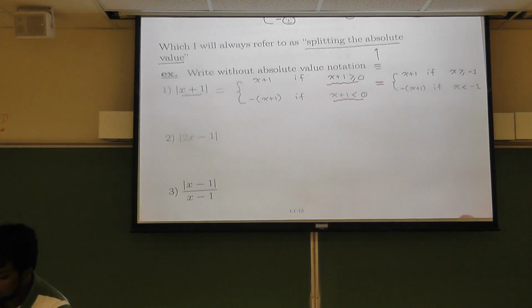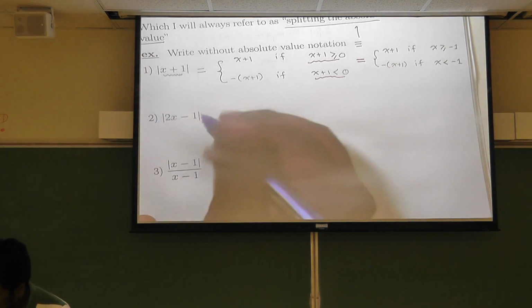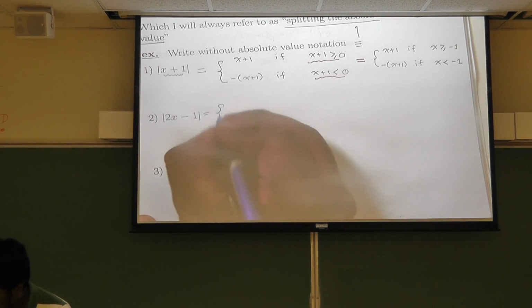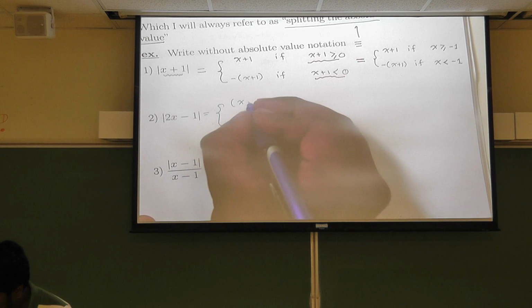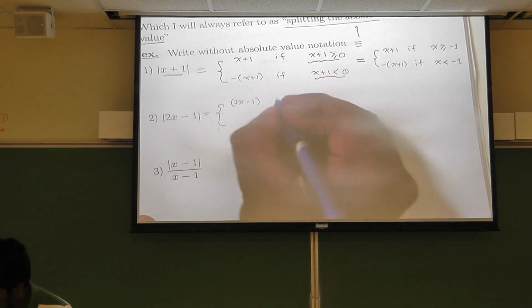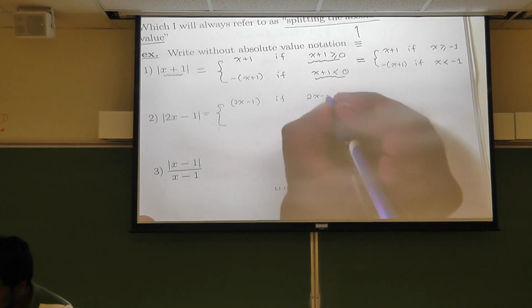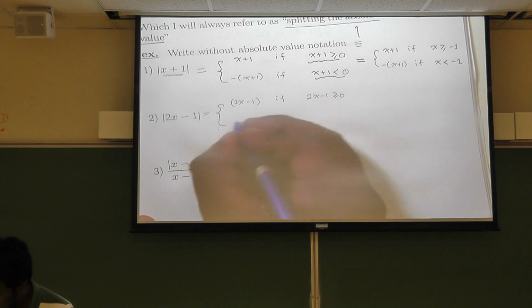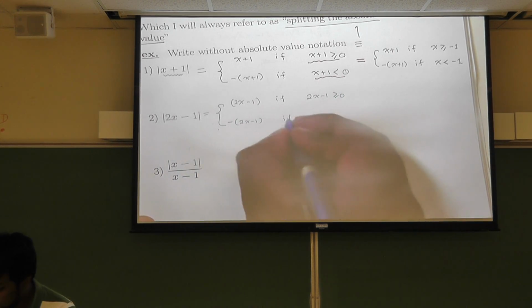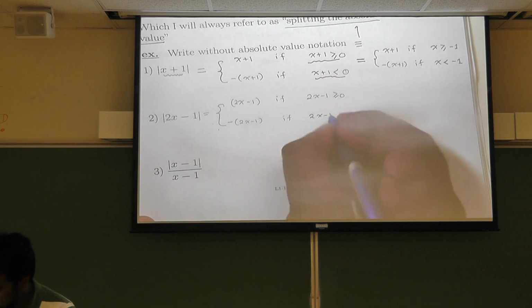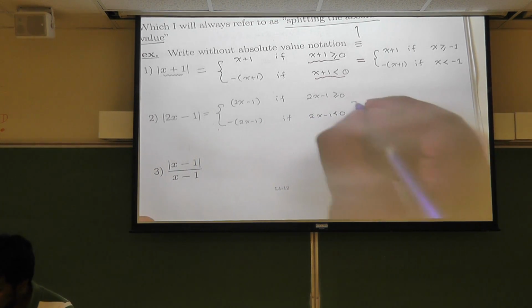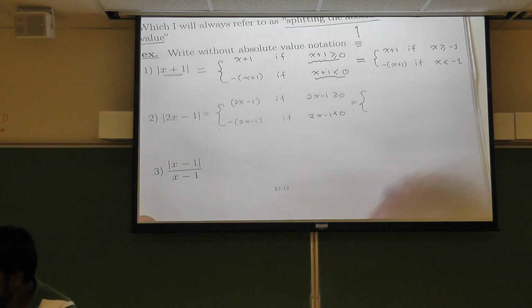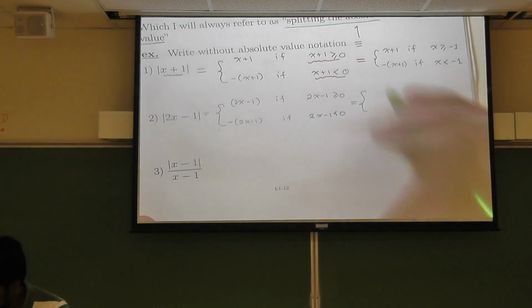Now I'm going to go a little faster. So that is equal to just what's inside, 2x minus 1 if 2x minus 1 is bigger than or equal to 0, and negative of 2x minus 1 if 2x minus 1 is less than 0. Now do one quick bit of simplification here to get your final answer.